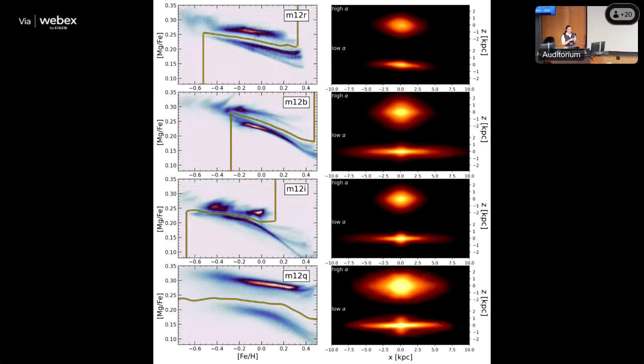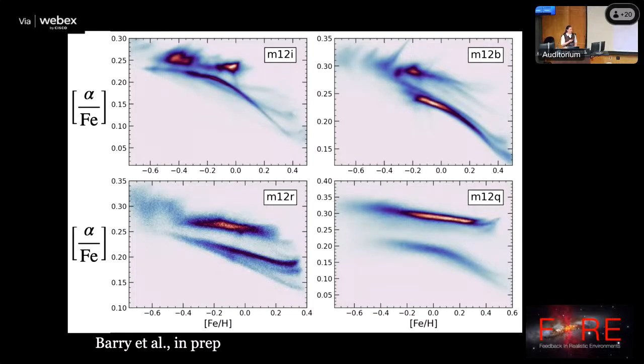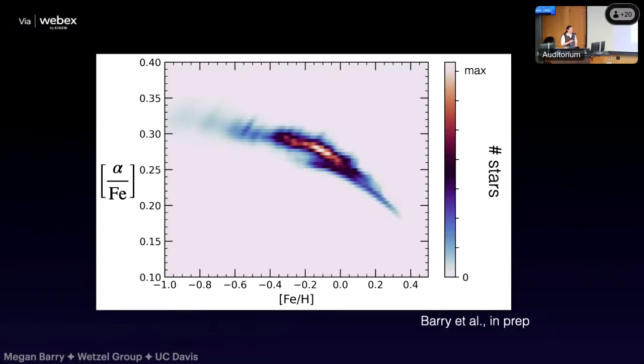I haven't started analyzing in detail the non-bimodal galaxies, but my personal speculation is that, like I mentioned on this one, you can see the hint of what you could possibly call a low alpha population. And this does come up, I've been calling them striations. Some of them have these little stripes. So if you ask me, this is not part of this paper, so this is off the record. There seems to be some kind of spectrum of this feature where all the non-bimodal galaxies do spread out.